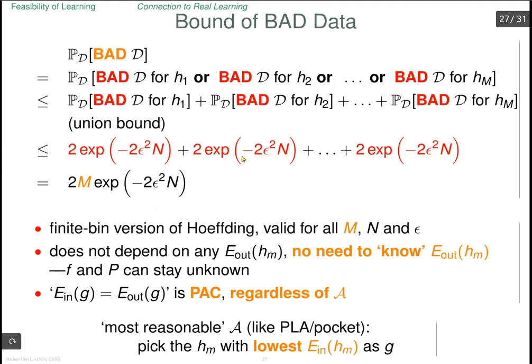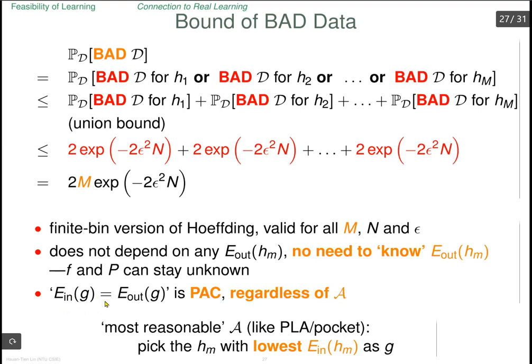Similarly to the single-bin case, it doesn't depend on out-of-sample error. We don't need to know the out-of-sample error, and the target function and probability distribution can stay unknown.